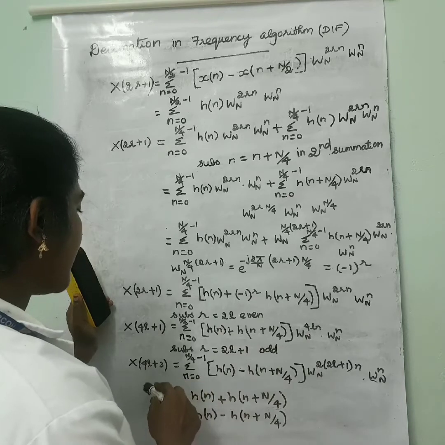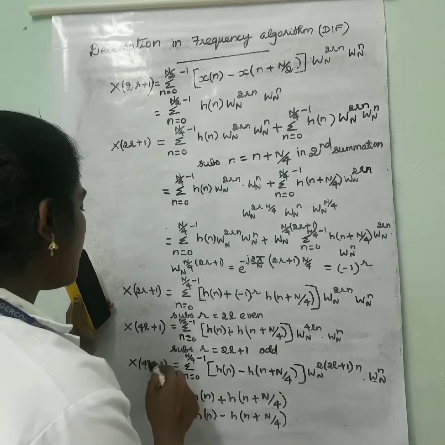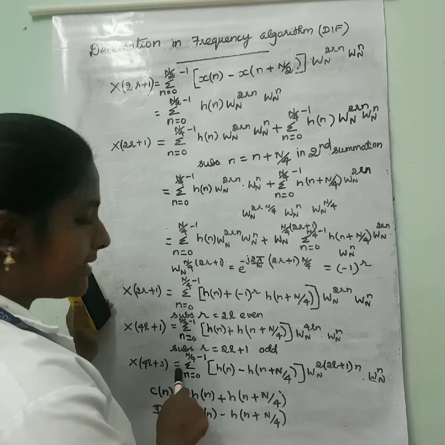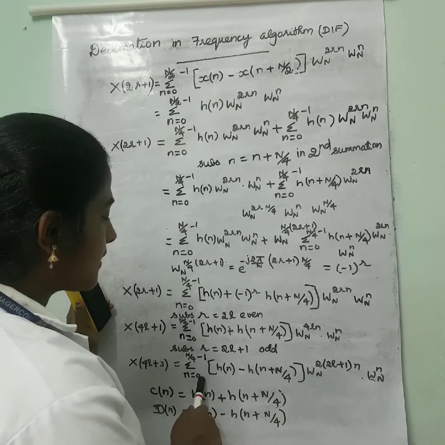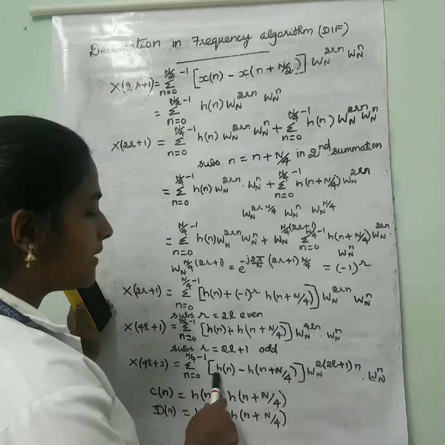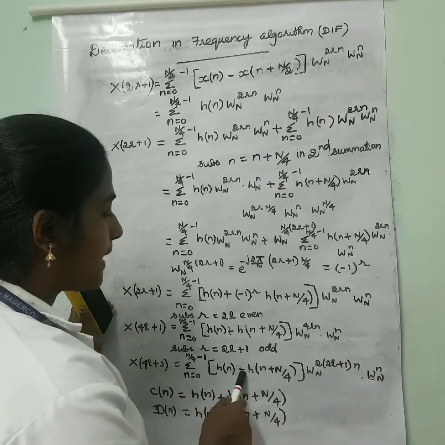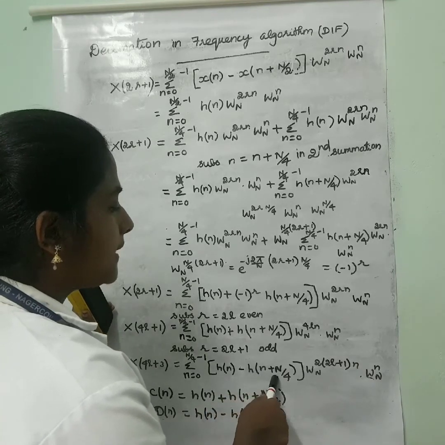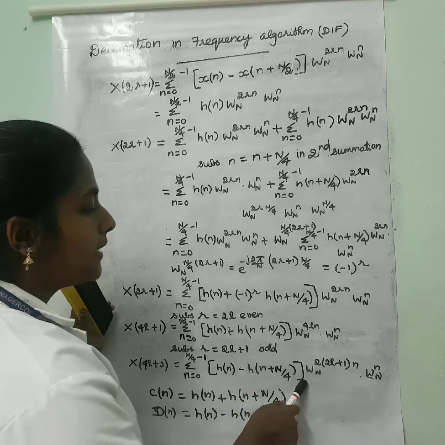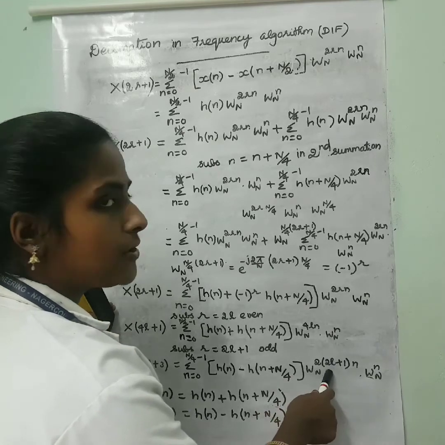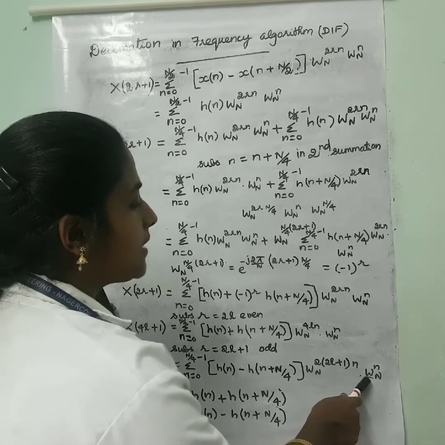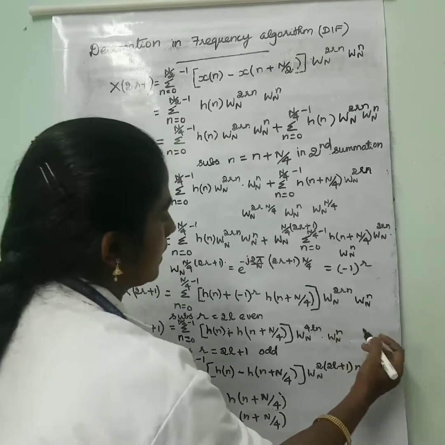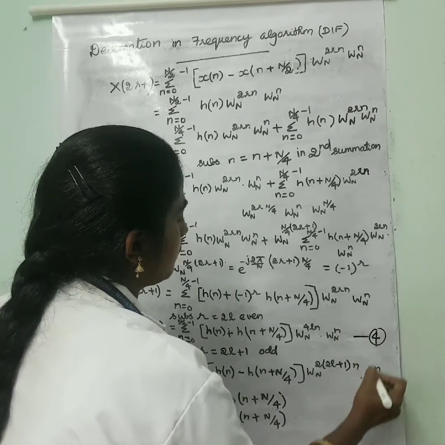So here also you substitute 2l plus 1, and you will get X of 4l plus 3 is equal to summation n is equal to 0 to N by 4 minus 1 of h of n minus h of n plus N by 4 into W_N power 2 into (2l plus 1) into n into W_N power n. We have got these two equations. You can mark them as 4 and 5.